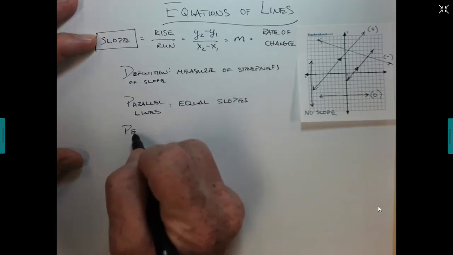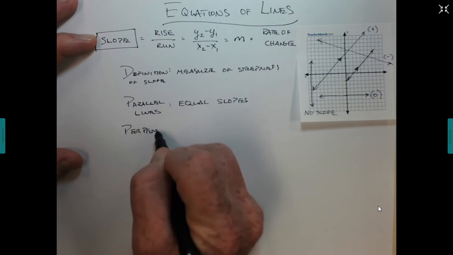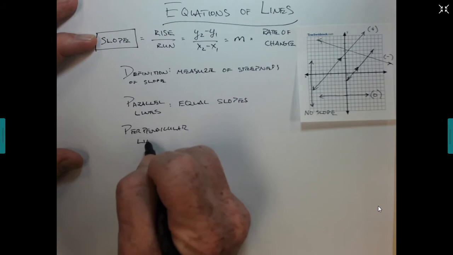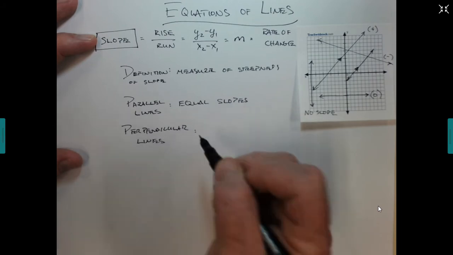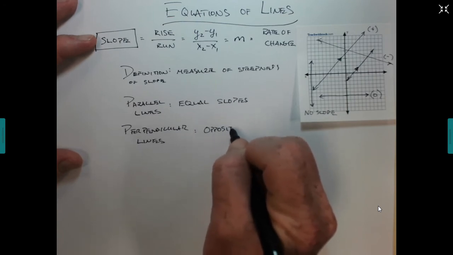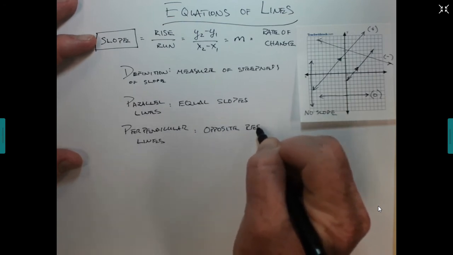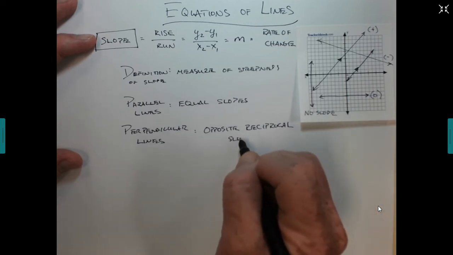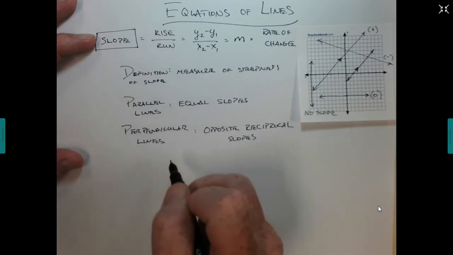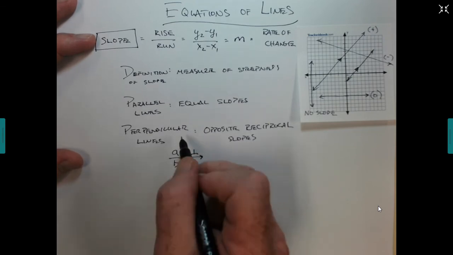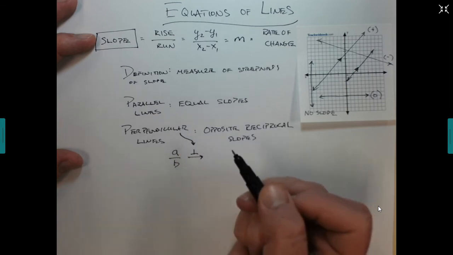Where it gets a little bit more difficult would be with perpendicular slopes or perpendicular lines. These are called opposite reciprocal slopes. What that means is if I have a slope, a rise over a run, if I wanted to convert it into a perpendicular slope, this is the symbol for perpendicular.